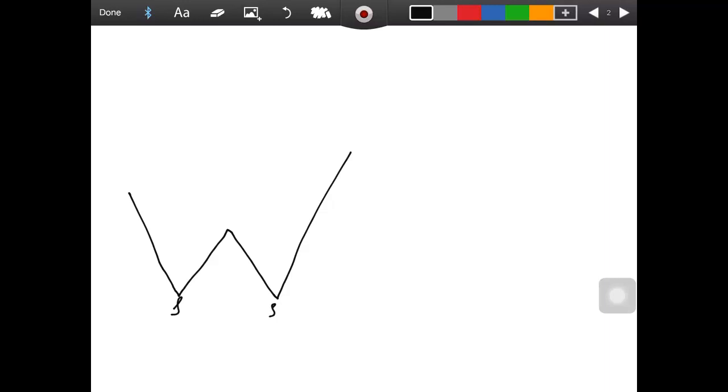This is bottom one, bottom two. You draw your support line across there, which is a simple trend line. Now this is resistance, the resistance in between your two supports. That is where you draw the neckline, a straight line, and extend it to the right.